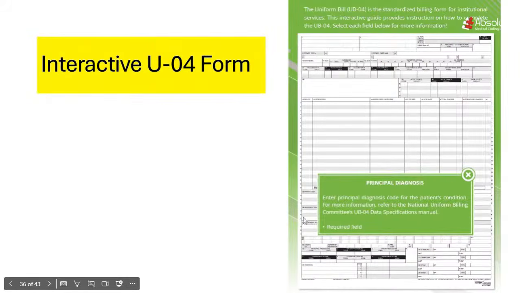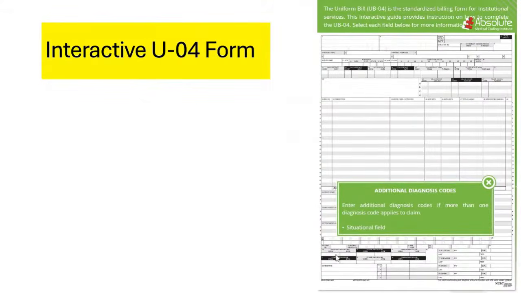Also, in addition to this section where the revenue codes are, and I'm going to give you a demonstration, this section down here where it says 67, this is where your principal diagnosis goes. And the secondary diagnoses belong in 67A, B, C, and D. So that's where you place them.